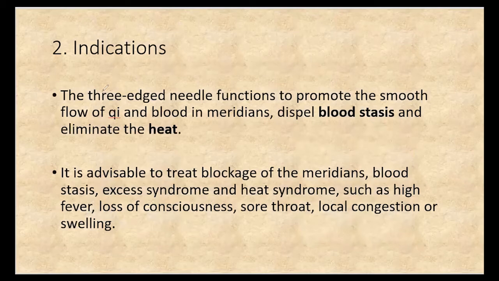So what do we use the bleeding technique for? Basically we use it for certain conditions. One is blood stasis, like in the radial, where locally there is some blood stasis. We just go locally to needle it.